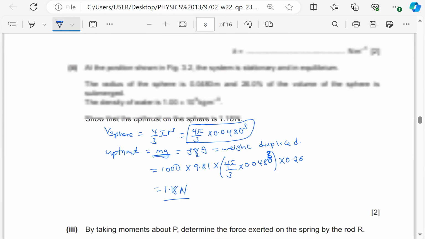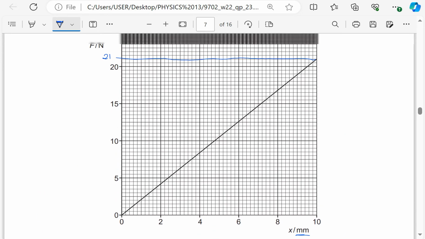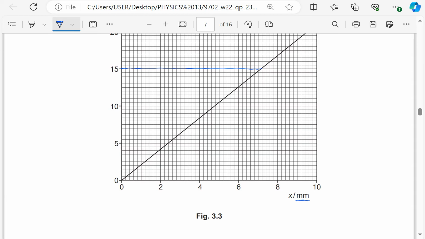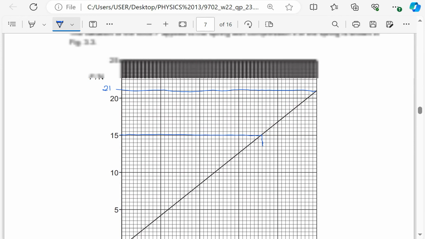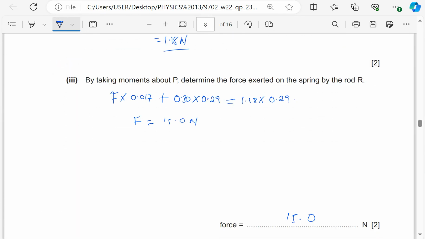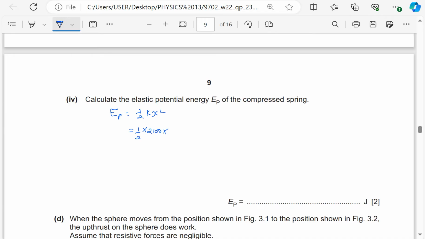The force is 15. I'll just find the x from the formula.